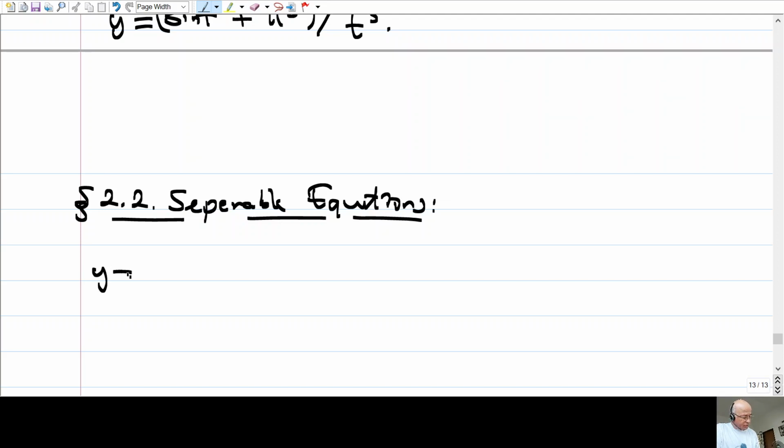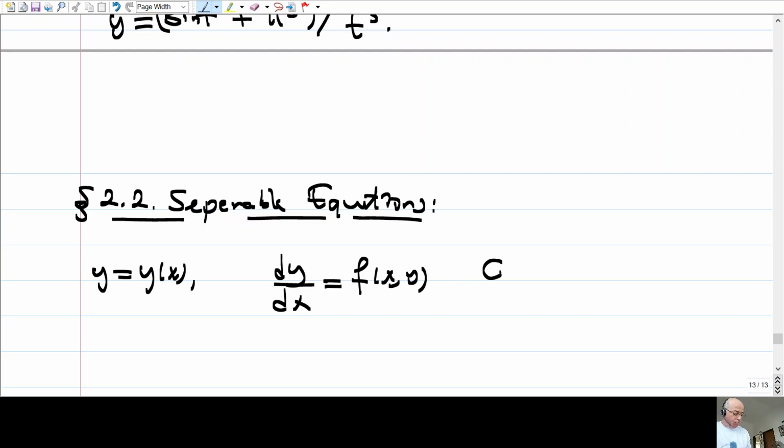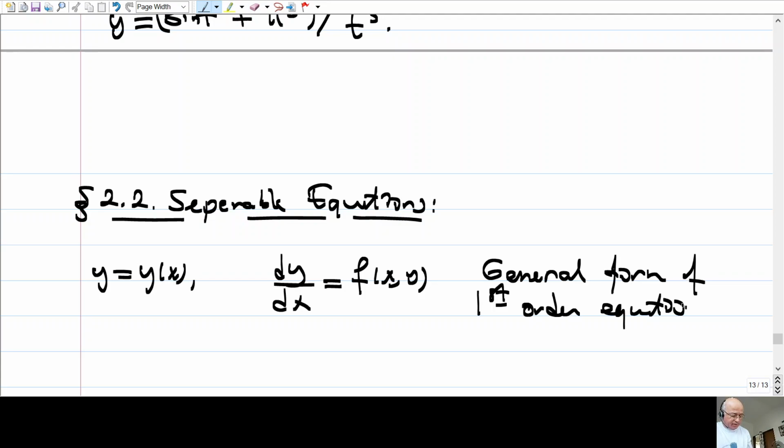If y is a function of, let's say, t or x, let's say x, then dy over dx is equal to f(x,y). So this is the general form of first order equations. Why is that?